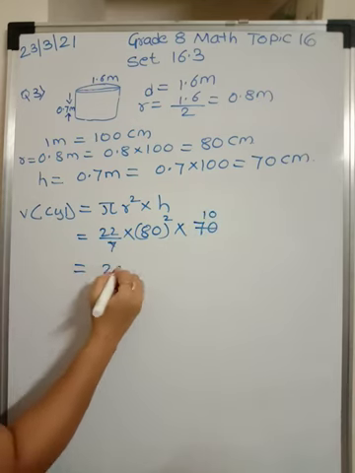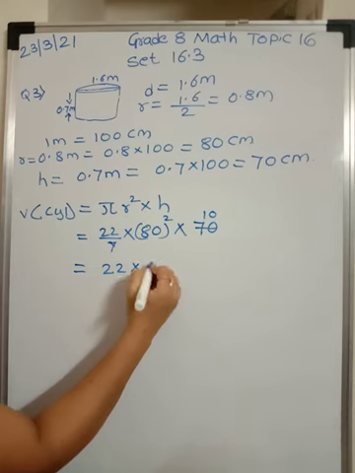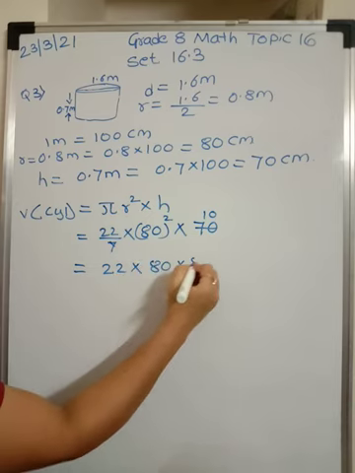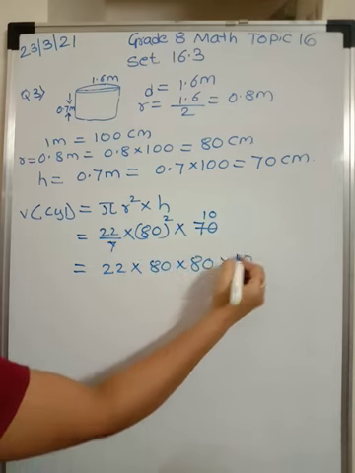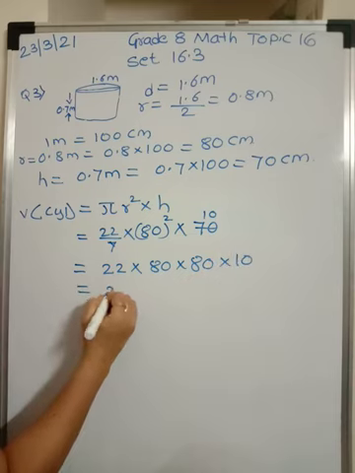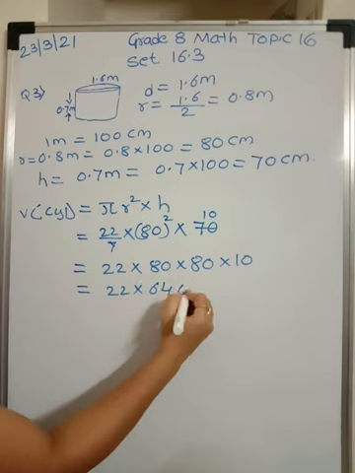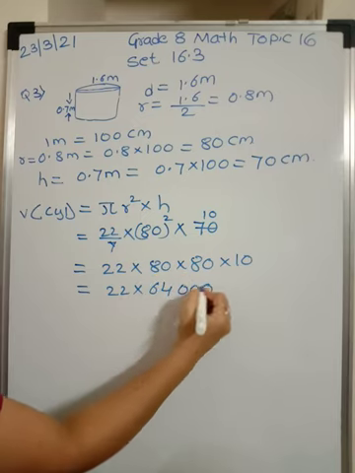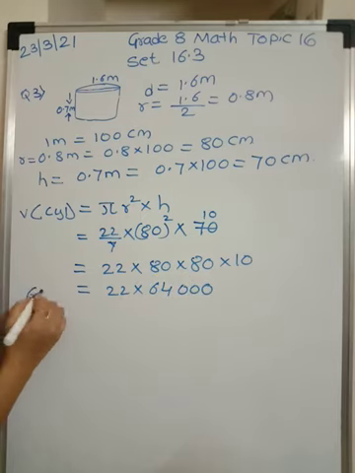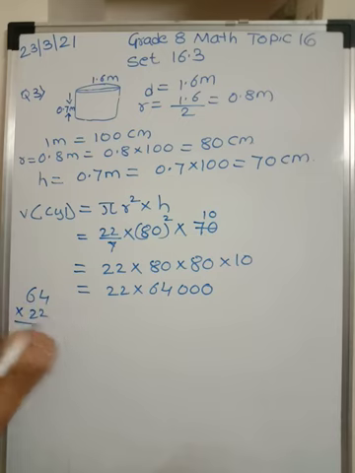So this is as good as 22 into 80 into 80 into 10. So we have 22, 8 8s are 64 and these two zeros, and again into 10 means one more zero. So let us multiply 64 into 22.